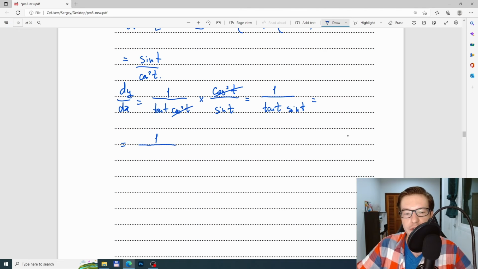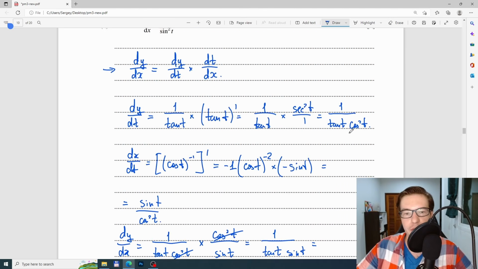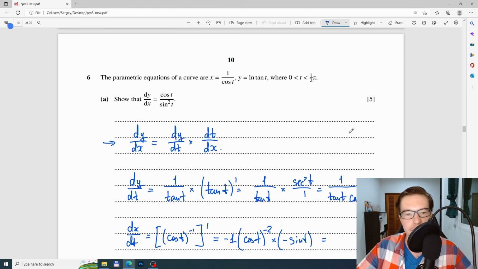We've got 1 over sine t. Now cosine t will go to the top of the fraction, and then sine t remains at the bottom. And all in all, we've got cosine t over sine squared t, which is exactly what we had to show. Let's have a look at the next one.